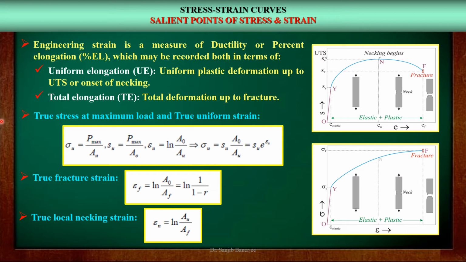By considering this value of true strain and by representing the true stress and strain in terms of engineering stress and strain, we can derive that the true stress at maximum load, sigma u, is equal to Su, that is the ultimate tensile strength, which is the engineering stress, into A naught by Au, while the true uniform strain will be denoted by epsilon u, which is equal to log of A naught by Au.